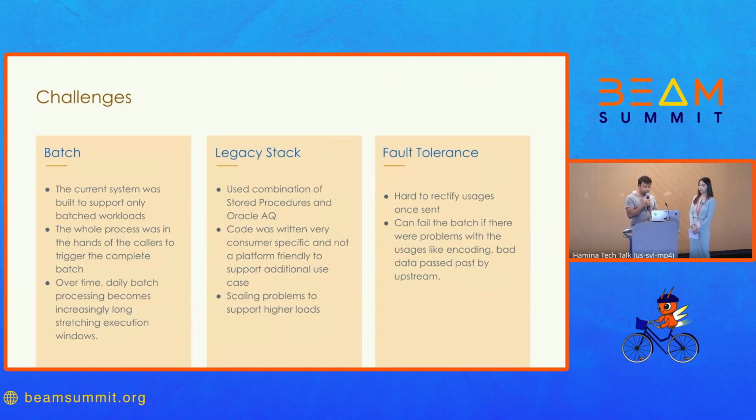Over a period of time, these batch sizes are increasing, which means our threshold billing detection logic is taking a long time to process and finish, which means it can stretch into multiple execution windows, which means customers may not receive their bills on time.